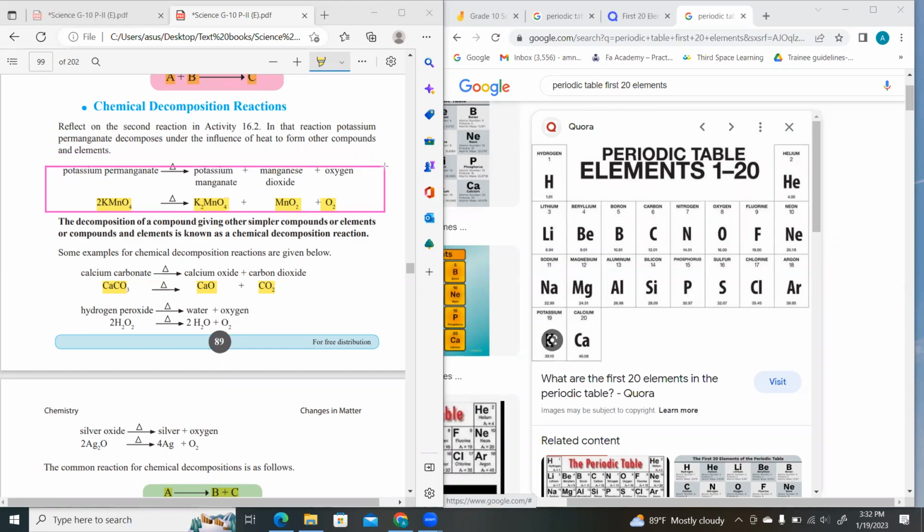Then you must be familiar that this is the reaction for that scenario. They might give you a story, a scenario, and ask you to write the reaction, right? Or they might ask you to mention a reaction which can produce oxygen. So can you see? We can do this reaction in the lab and get oxygen.